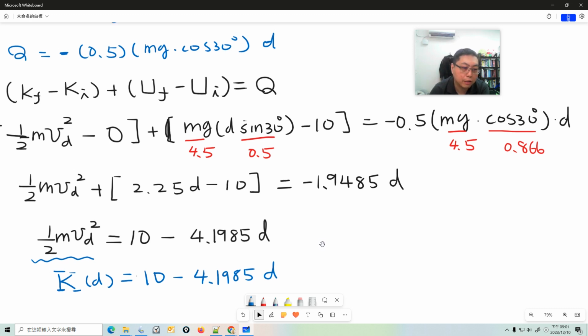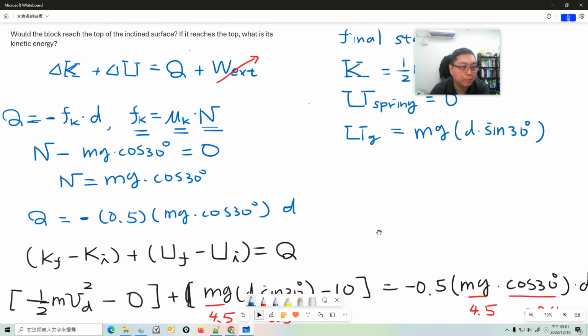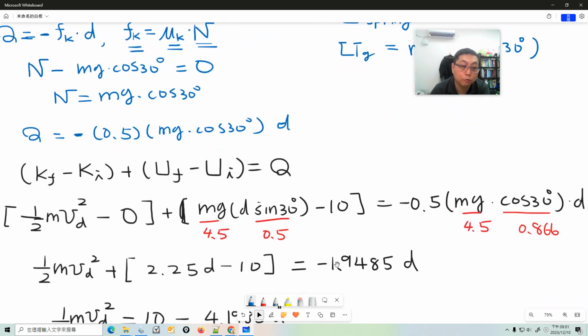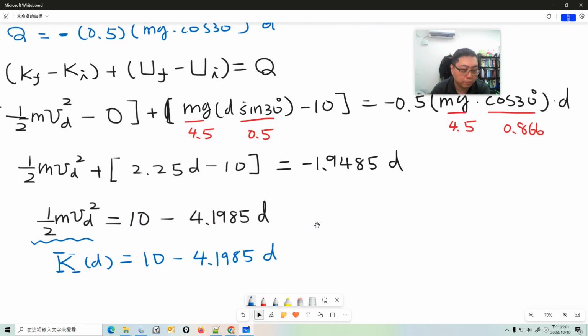So it becomes very easy to answer this problem, because at the top, the distance d is equal to, so you just plug d into your formula, right?